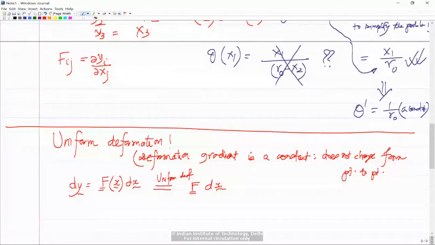Then you can see that we can integrate this, isn't it? And what you get from here is that y is equal to F into x, for a constant F, plus the constant of integration, right? So let us, for example, write this as F naught so that we know that, okay, it is a constant. So we can also say here F naught.